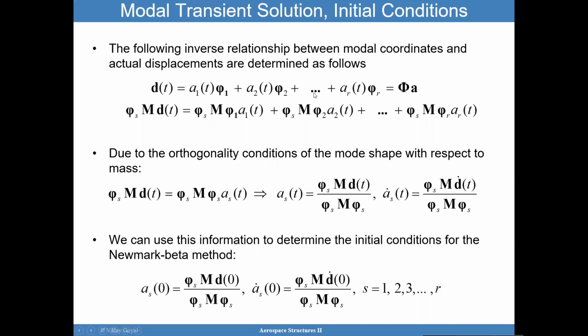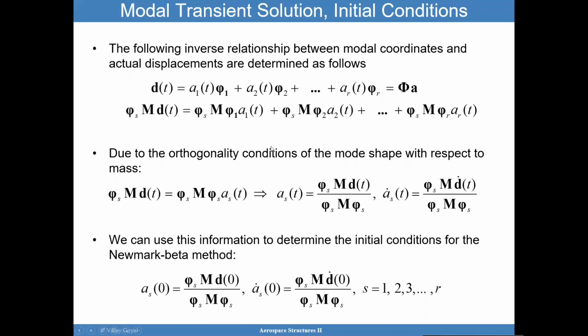Let me make sure it's clear what we're talking about here. If I pre-multiply by phi S transpose M, and what I mean with S here is you selected a particular mode shape, say mode shape number 3, or mode shape number 2. So if I pre-multiply phi 2 transpose M to all this, what happens is that when this is phi 2 transpose M phi 1, this goes to 0. The only one that survives is this particular one here, because of the orthogonality properties we talked about.